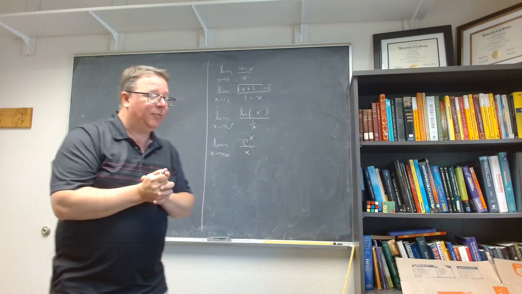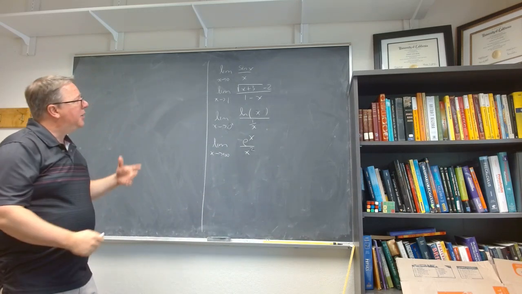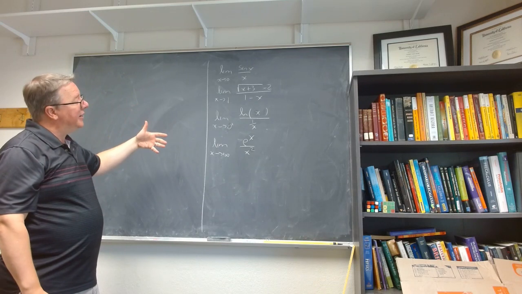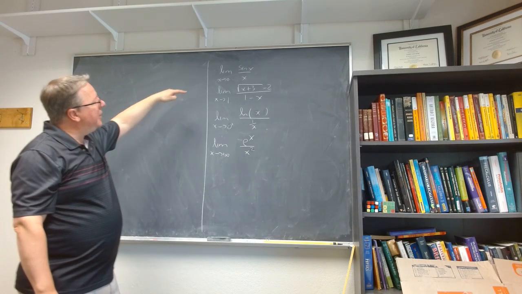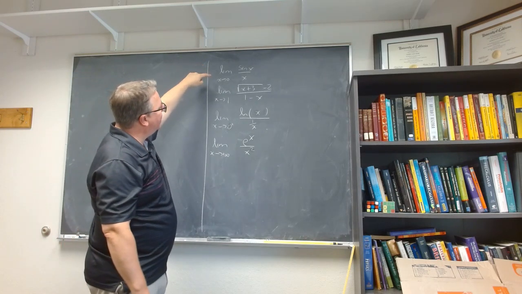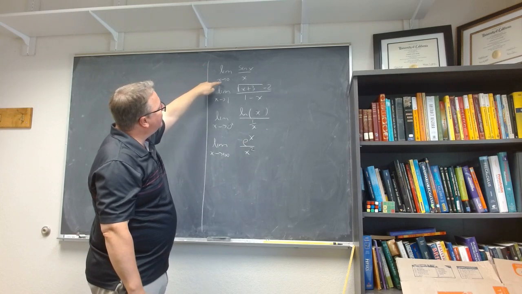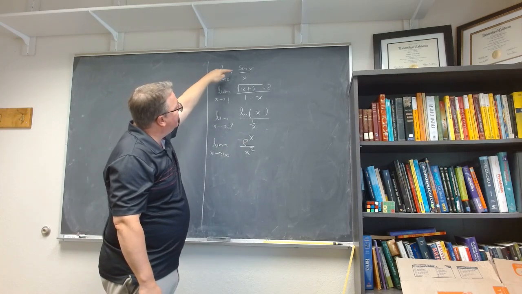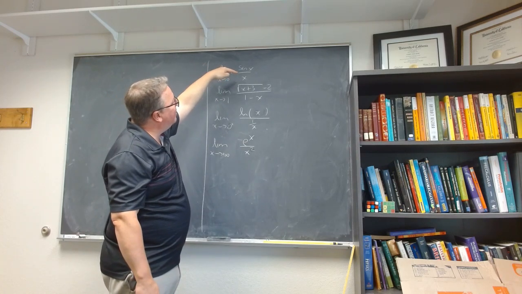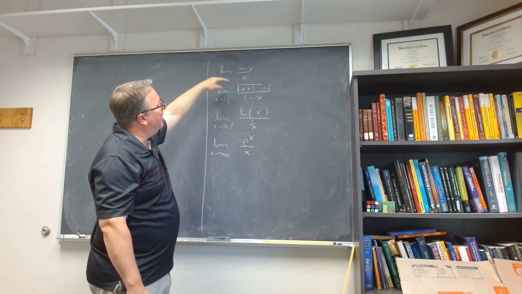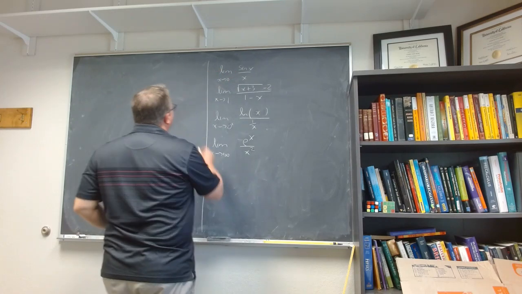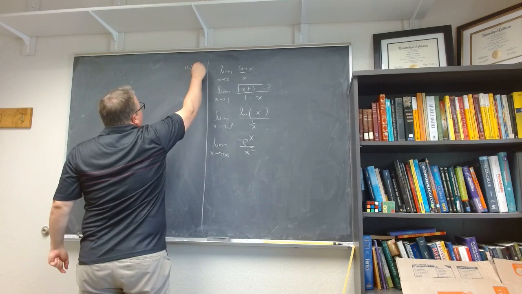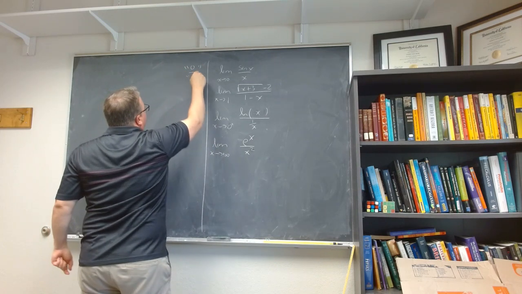Back in Calc 1, we had some troubles with limits that looked like this. One of the big issues, if you look at the first limit that I put down, as x approaches 0, the top is going to 0 and the bottom is going to 0. And so this looks in essence like "0 over 0."